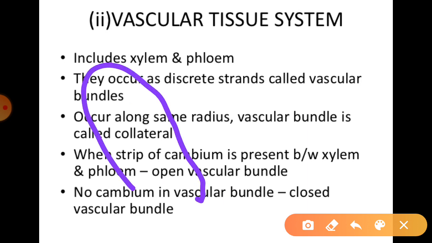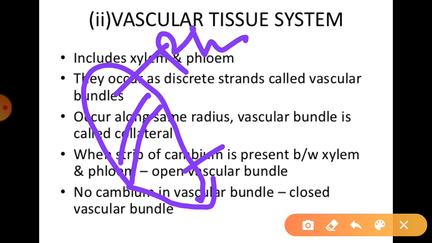Suppose you can just see in the diagram, right? This is the phloem and this is the xylem, and the middle line is known as cambium. So when both xylem and phloem are present together in the same bundle on the same radii, they are known as conjoint bundles.